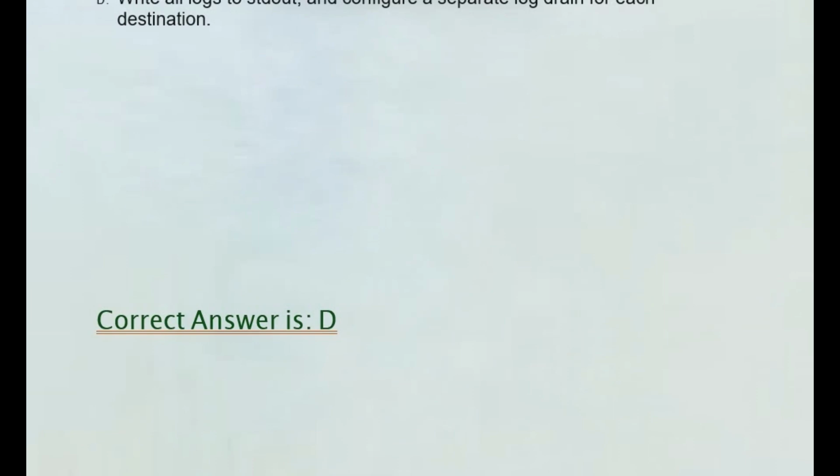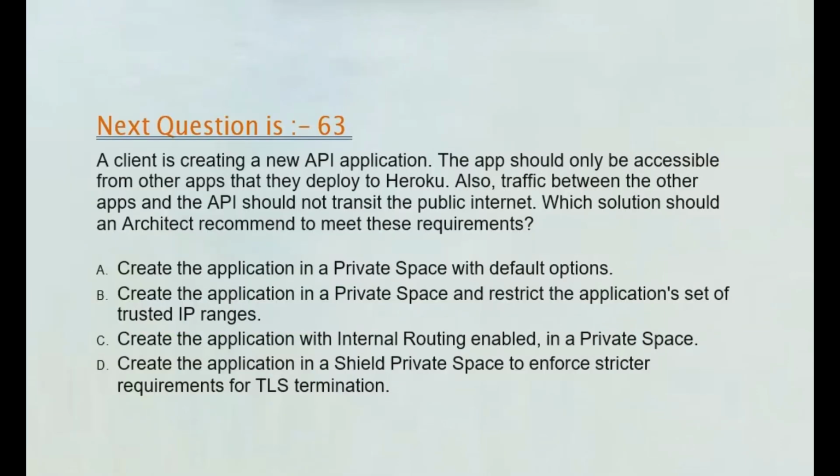Correct answer is option D. Question is a client is creating a new API application. The app should only be accessible from other apps that they deploy to Heroku. Also, traffic between the other apps and the API should not transit the public internet. Which solution should an architect recommend to meet these requirements?